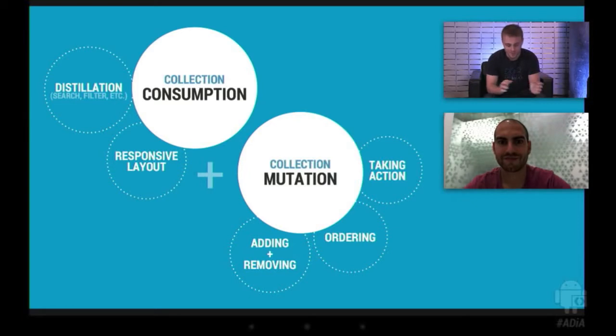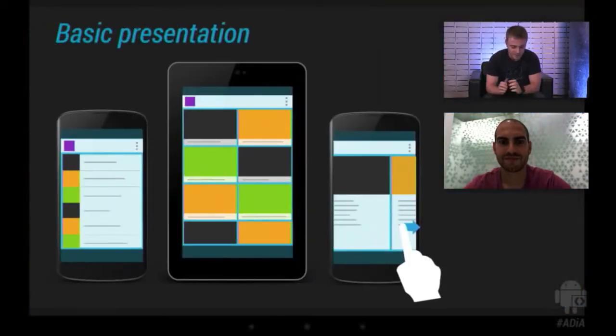All right, so I know that was a super fast intro. Before we jump into all these specific details, we just want to look at one thing first, which is the basic presentation. Throughout the rest of today's episode, we're going to be looking at very specific details, but from a very high level. This is stuff that we've obviously already talked about in the past, but we're going to be looking at collections from a number of different viewpoints.